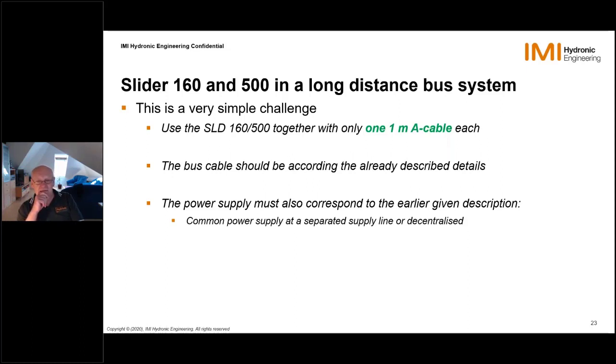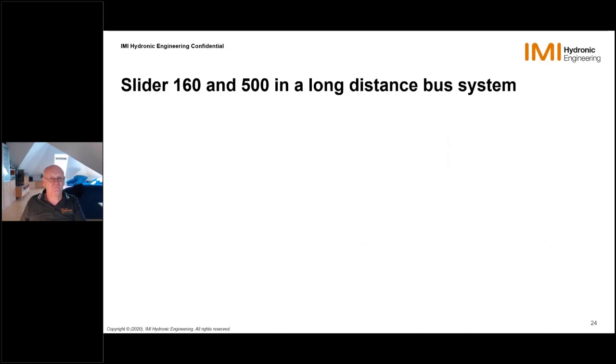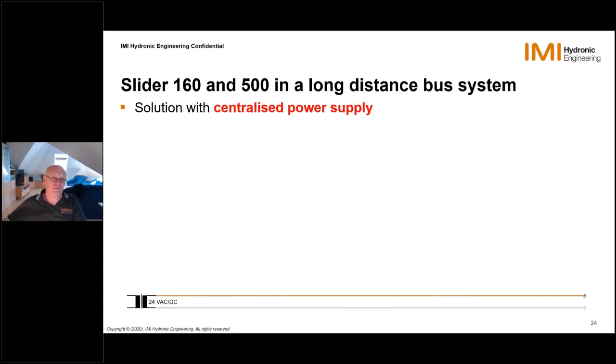Then we have to decide if there is a separate supply line for the power supply, or a decentralized repowering of the systems. Please keep in mind, this ground potential must run through the complete system. With a centralized power supply it's relatively easy.